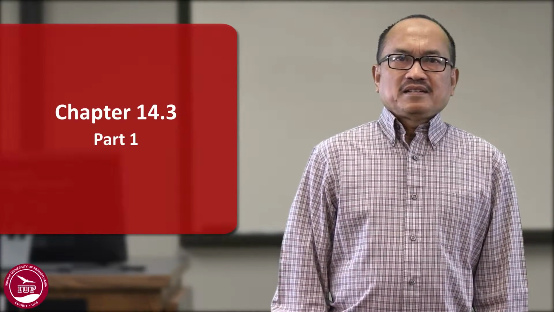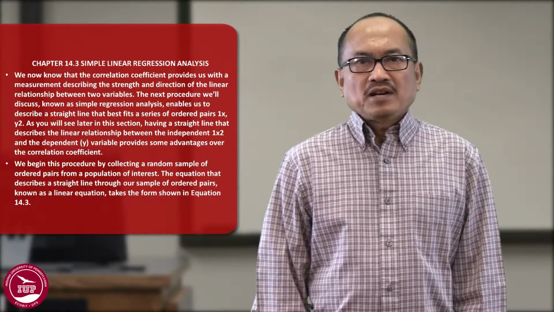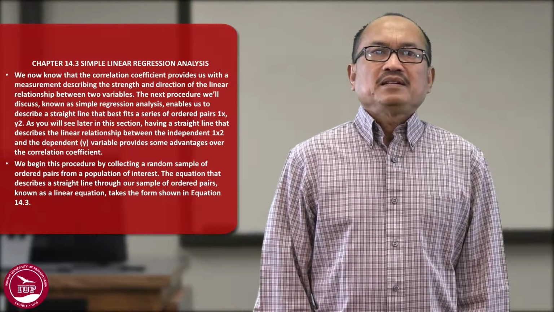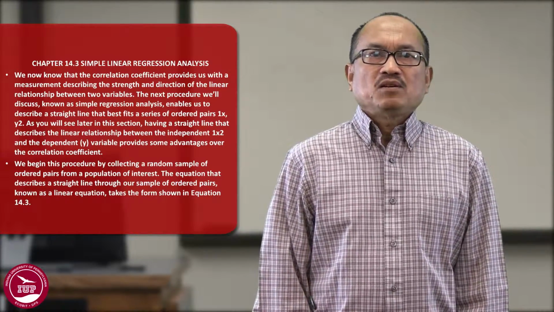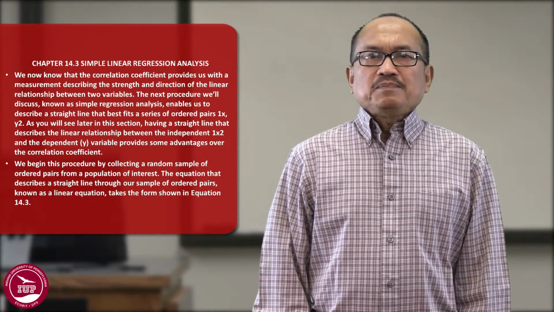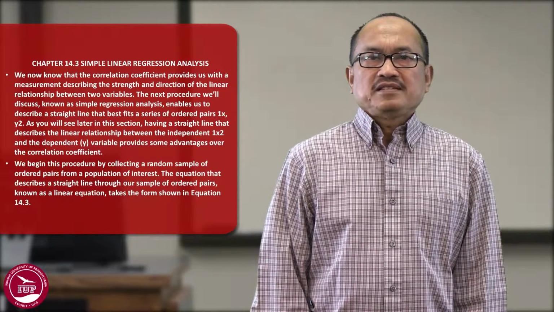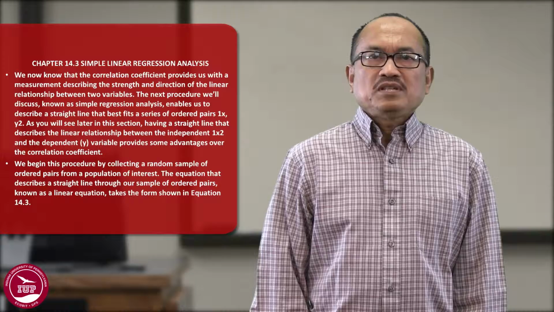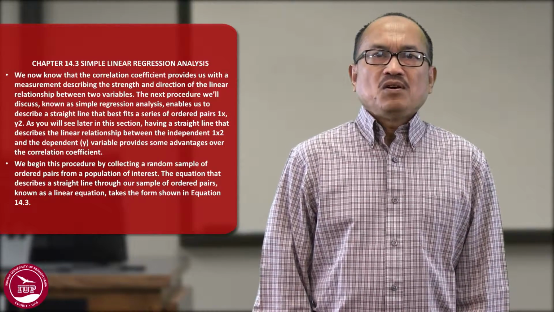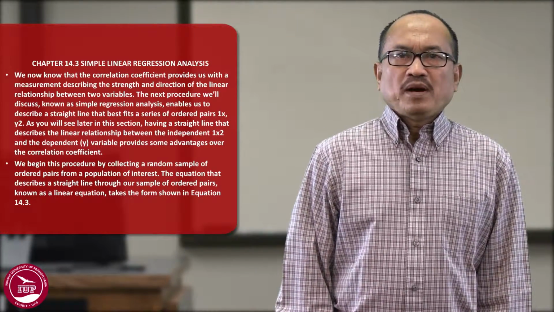Simple Linear Regression Analysis. We now know that the correlation coefficient provides us with a measurement describing the strength and direction of the linear relationship between two variables. The next procedure we'll discuss, known as simple regression analysis, enables us to describe a straight line that best fits a series of ordered pairs x and y.